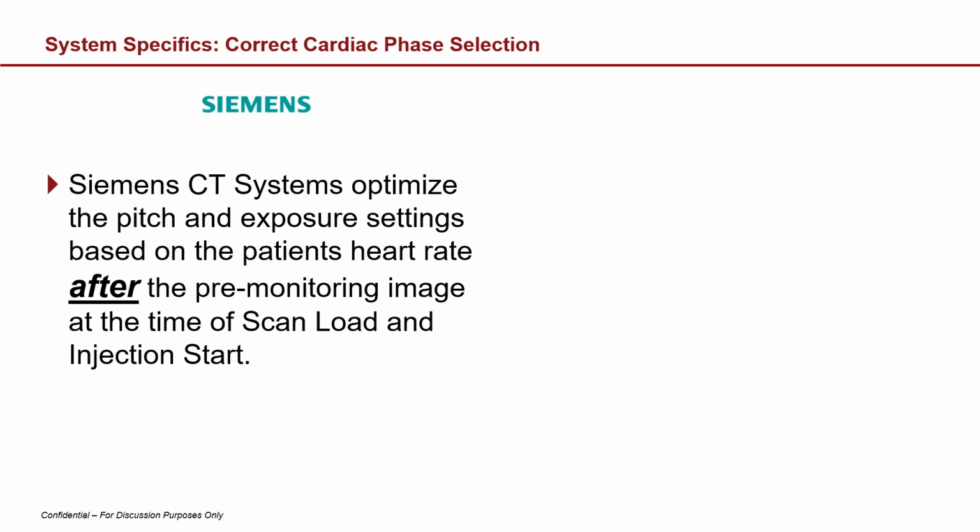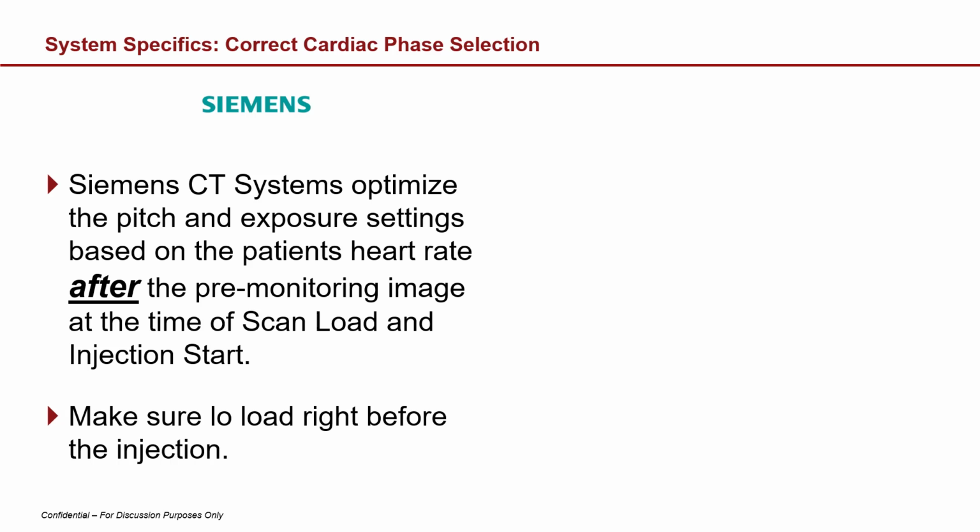So right before you start injecting, you hit load and then you hit start, and load locks in the pitch. If you're in adaptive sequential mode, it's going to lock in your modulation settings, right? And you want to do this right before your injection. If you're doing a coronary scan, you want to do this after the nitroglycerin because this is really important. The nitroglycerin is going to cause the heart rate to go up because of the vasodilation.